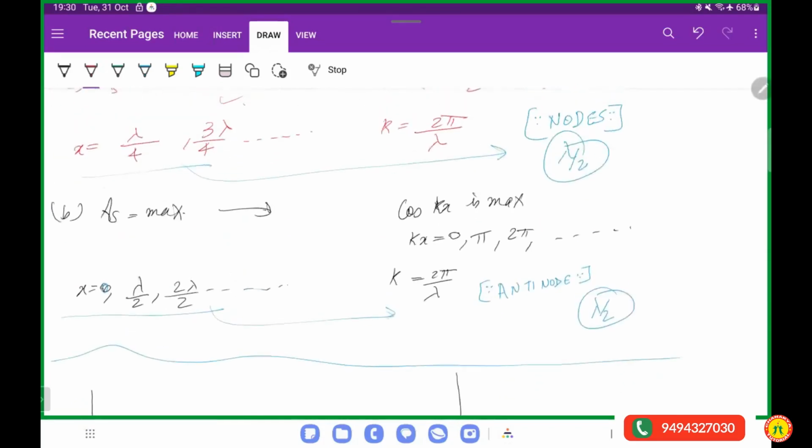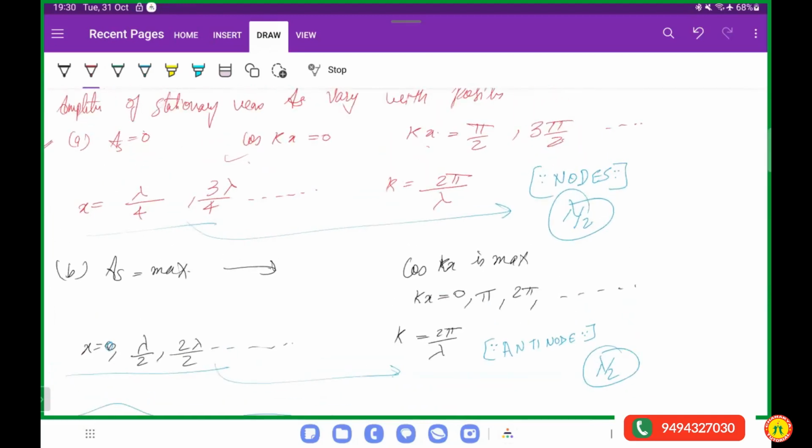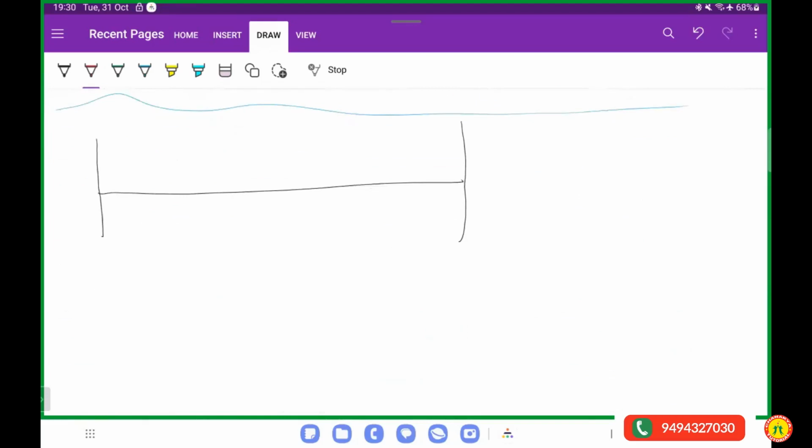So how to mix this? 0, pi by 2. Okay, so I can draw it like this. Let's start with antinodes.